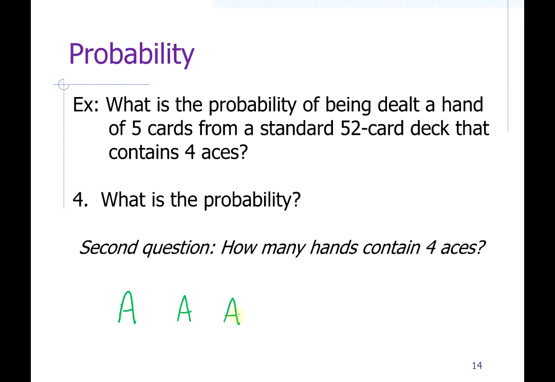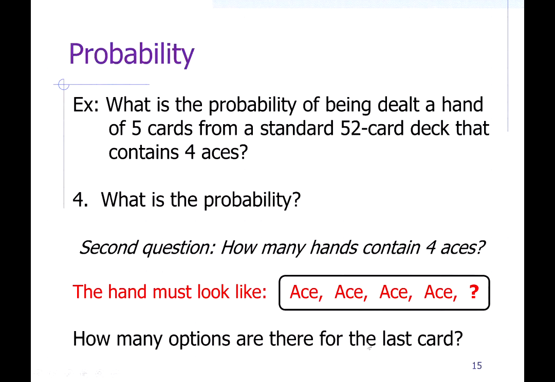The third card is an ace. The fourth card is an ace. And the 5th card, you have options. So how many options do you have here? We're starting with a 52 card deck. Take away those 4 aces and you're left with 48 cards left. So for that last card, there's only one way this could happen. Only one way for these 4 cards to be aces, and it's for the hand to contain all 4 aces in the deck.